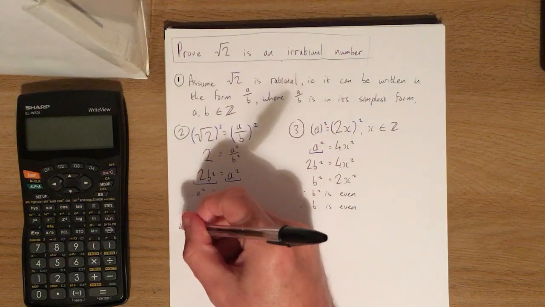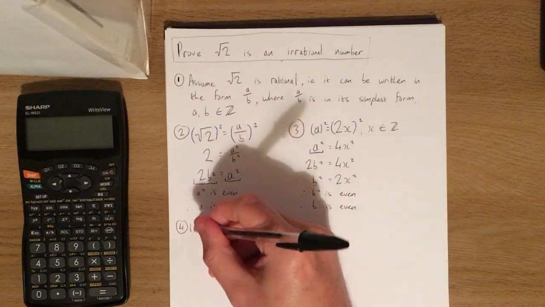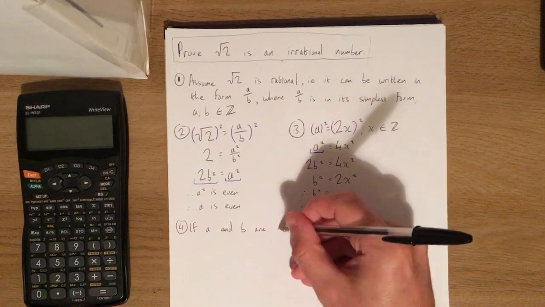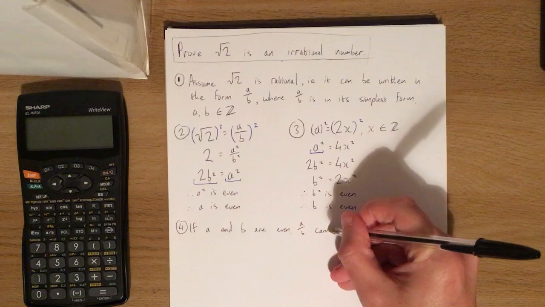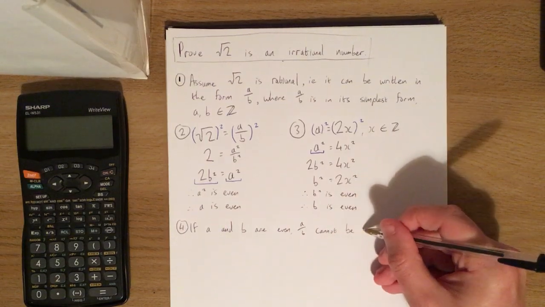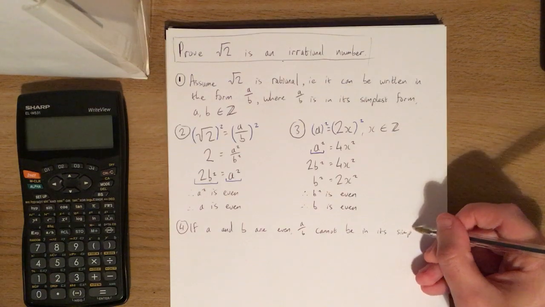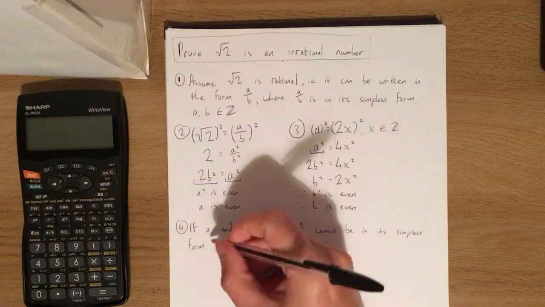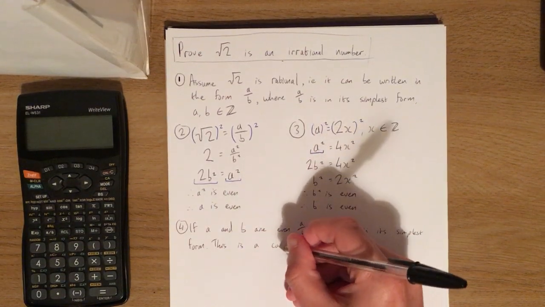So step 4 is to say if a and b are even, a over b cannot be in its simplest form. This is a contradiction.